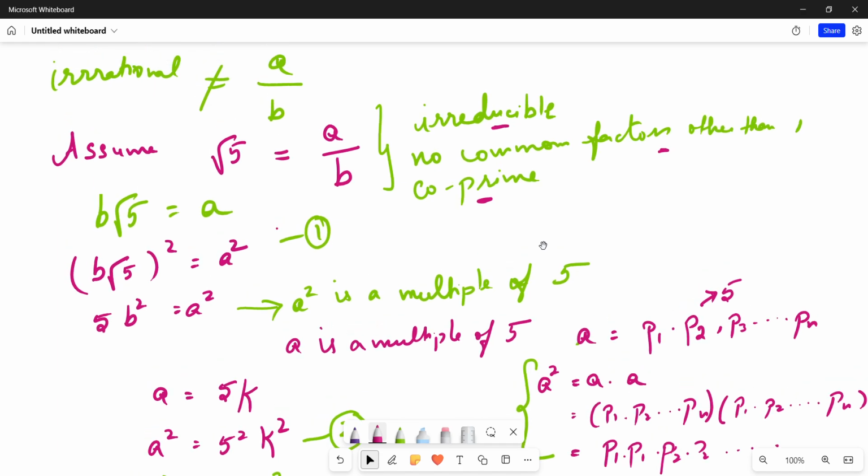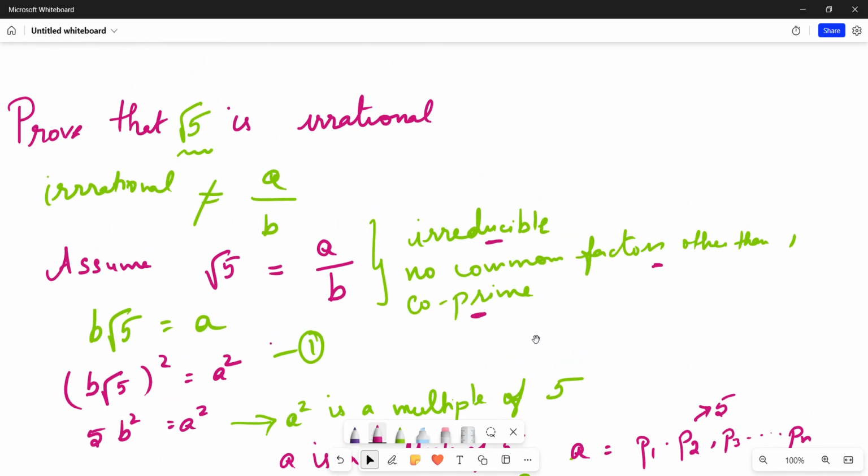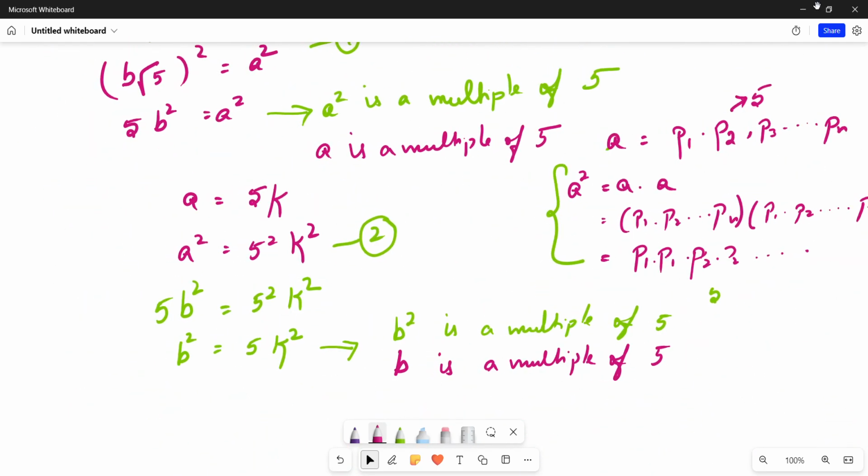And so our assumption is wrong. What was our assumption? That root 5 is rational, which is wrong.